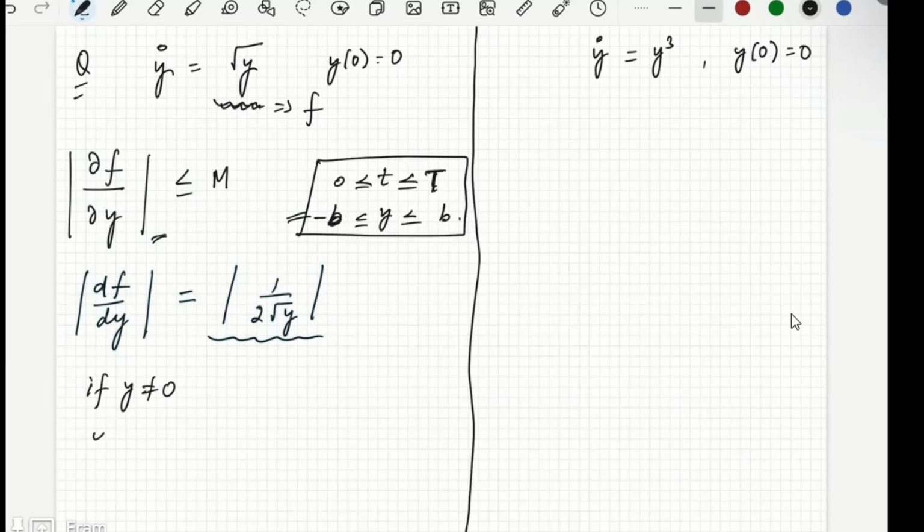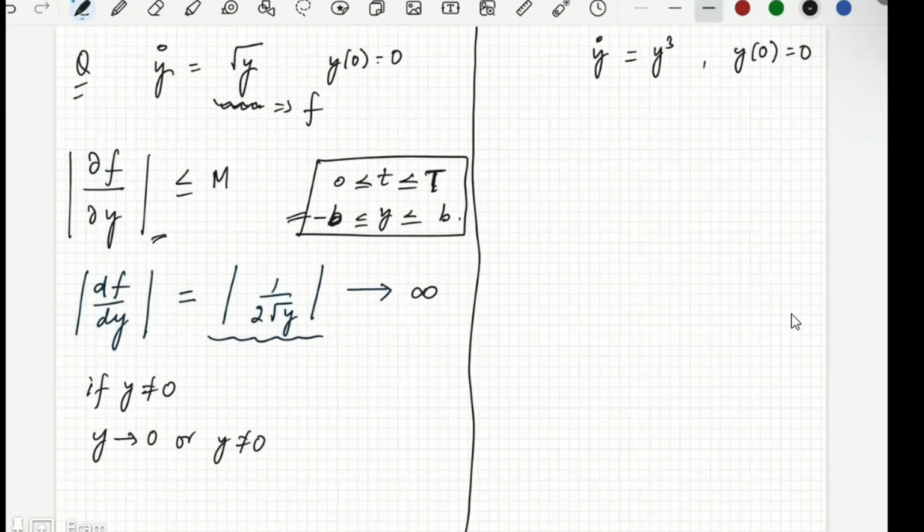But as y tends to 0, this term will go to infinity because we have y in the denominator. So it is ill-defined in the neighborhood of y equals 0.